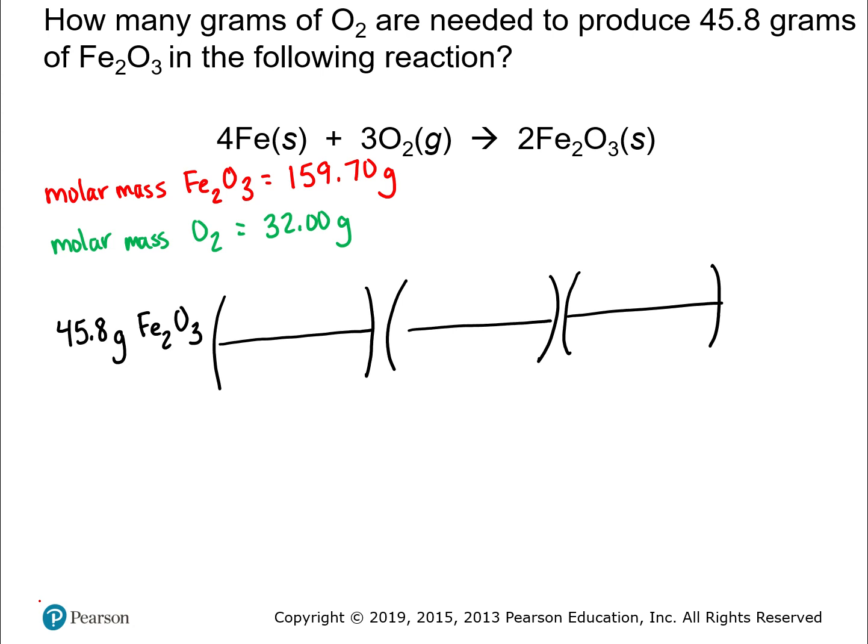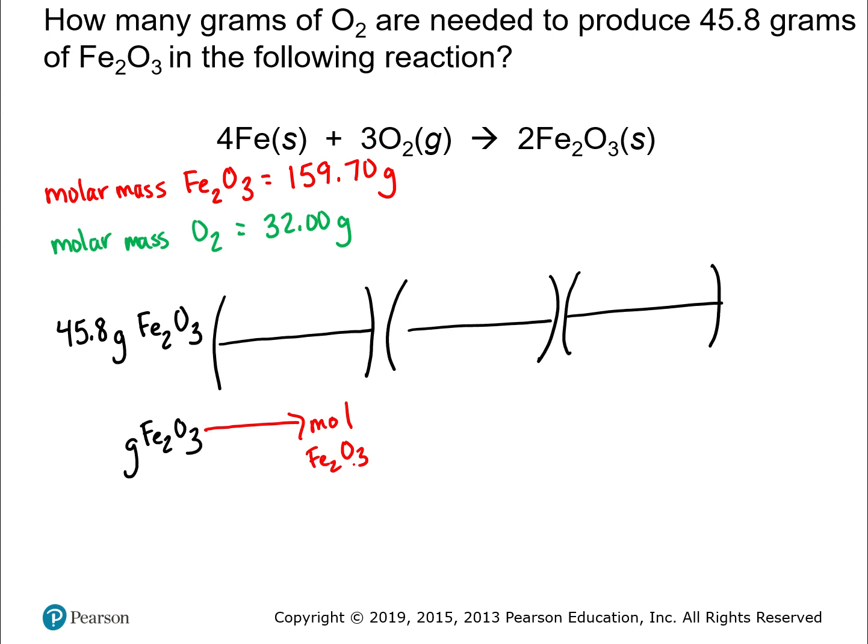For the first step, we need to take the grams of iron 3 oxide and convert that to moles. To do that, we need the molar mass.